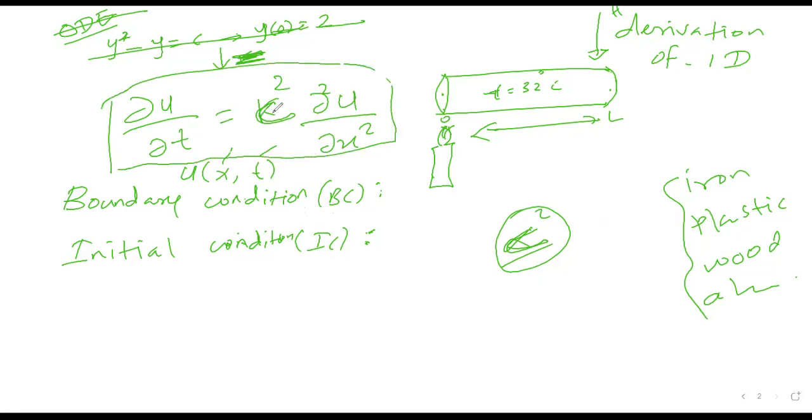For example, the equation may be del u over del t equals 4 times del squared u over del x squared. The boundary condition here, I'm giving you in a general term, but according to the question, it maybe can be different.